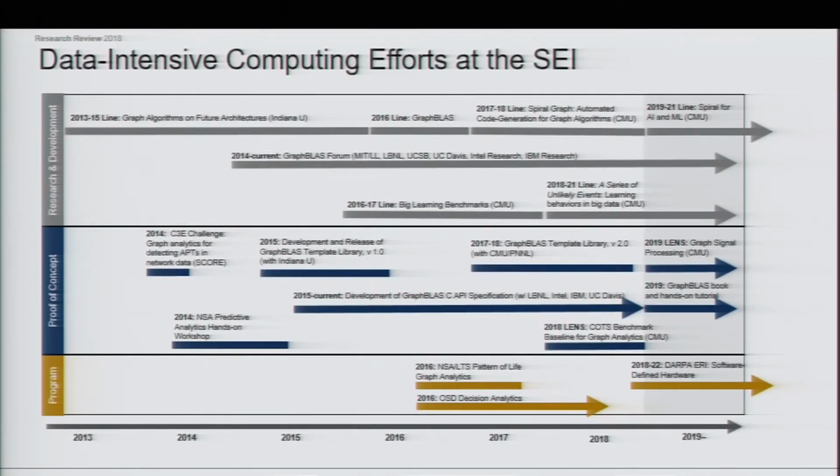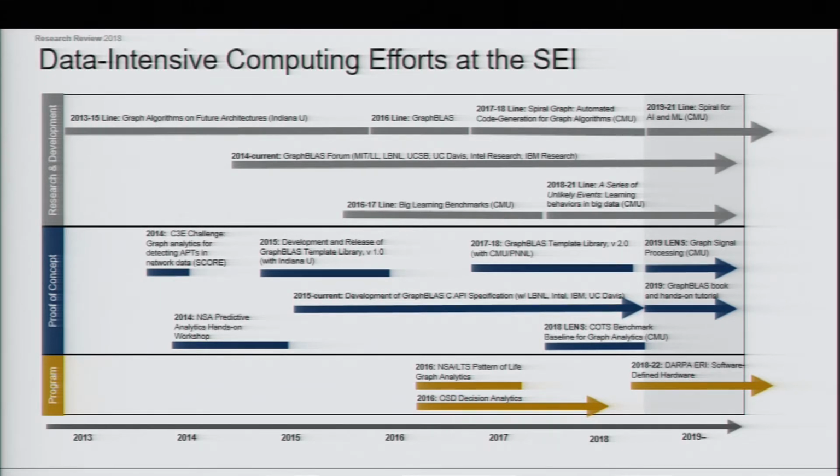I'm in the second year, but it's really part of a long-term sustained investment by the SEI in this space, specifically graph analytics up to this point, going back to about 2012, 2013, but it is transitioning to include machine learning and artificial intelligence.